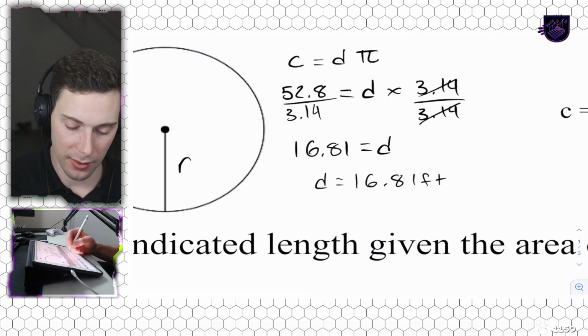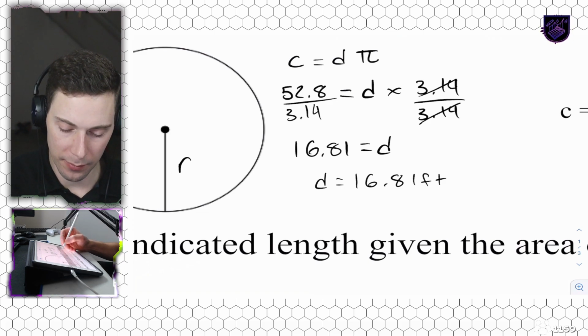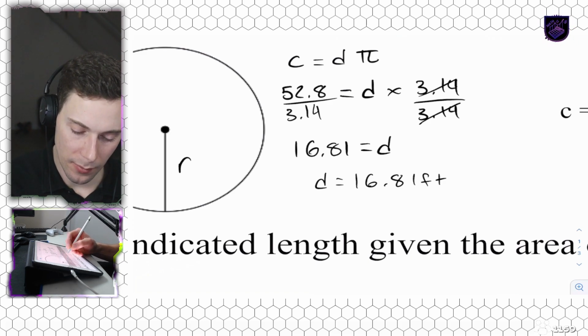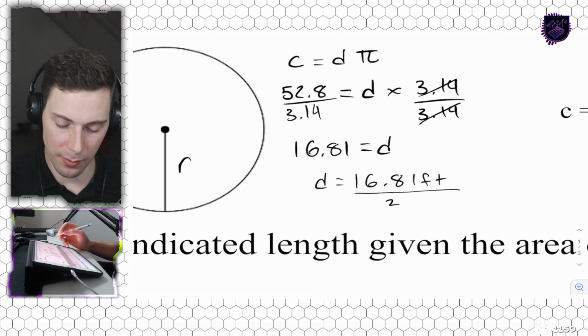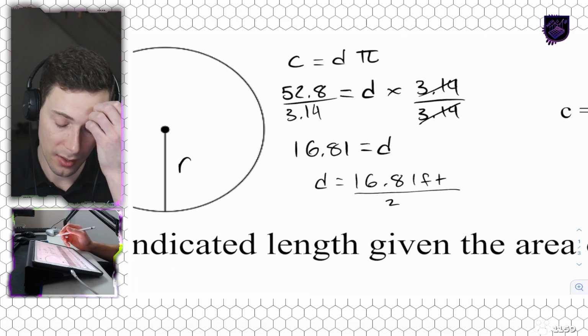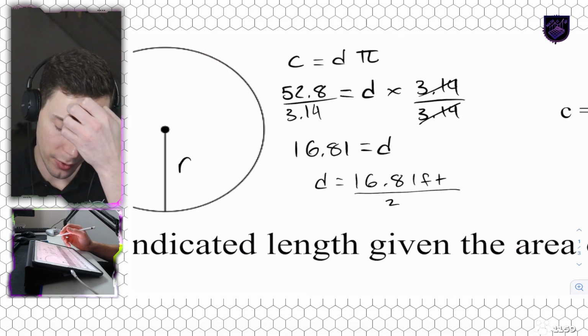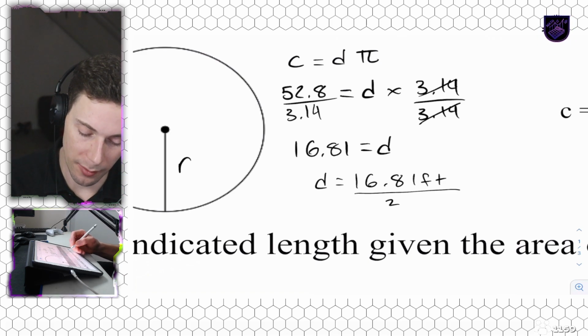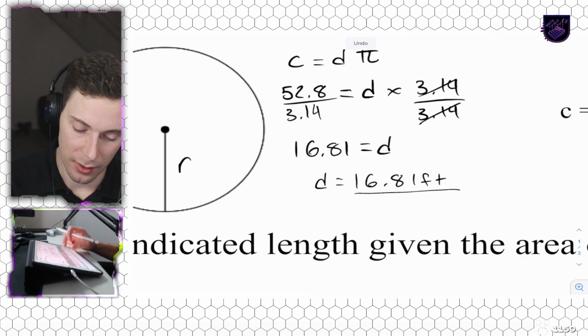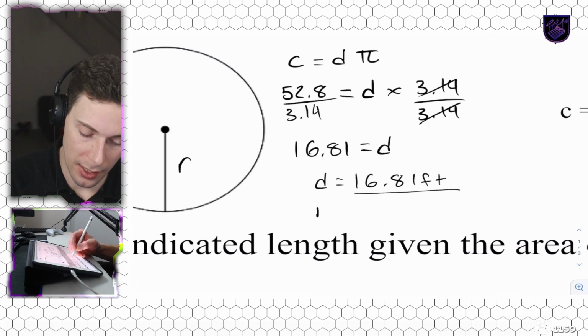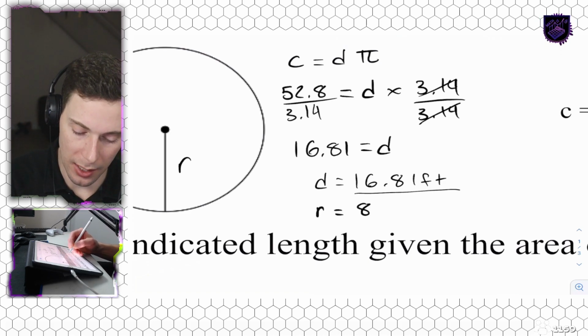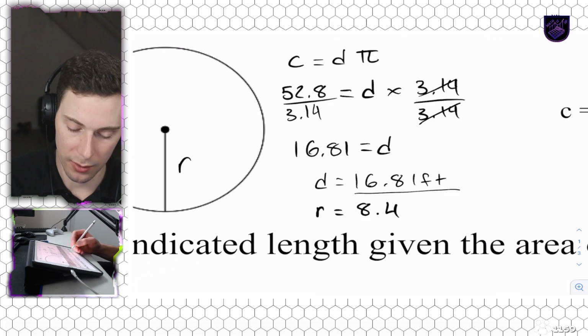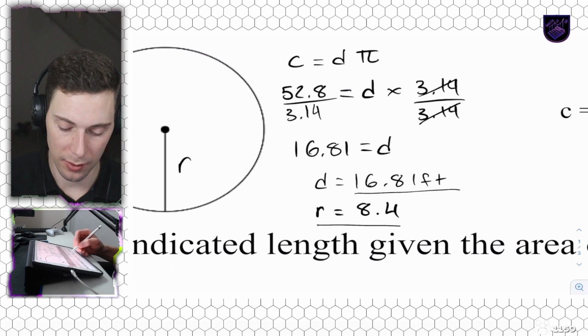Diameter equals this, so radius, 16.81 divided by 2 will equal 8.4 approximately.